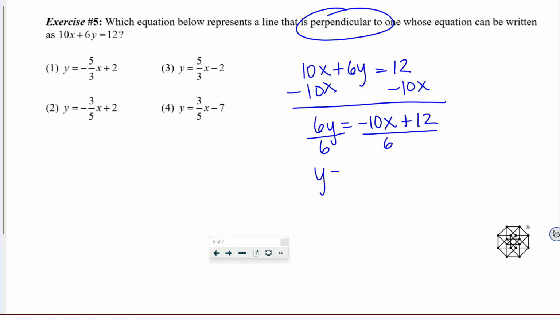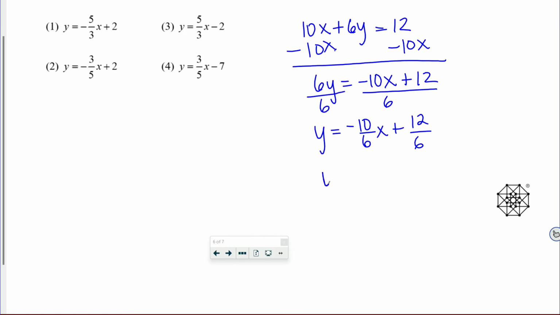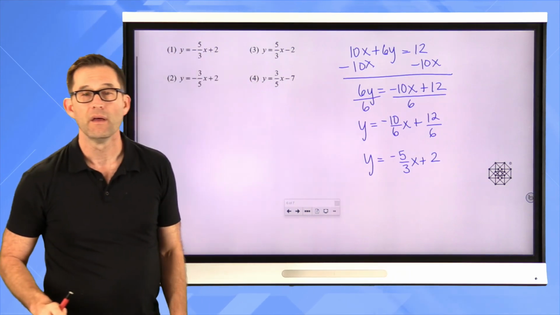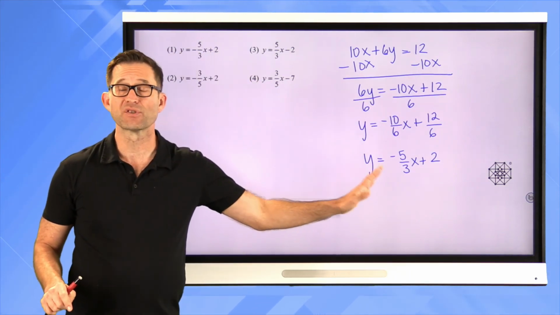All right, that's going to give me y equals negative 10 sixths x plus 12 sixths. And then I'm going to simplify a bit more, and I'm going to get y equals negative 5/3 x plus 2. Okay.